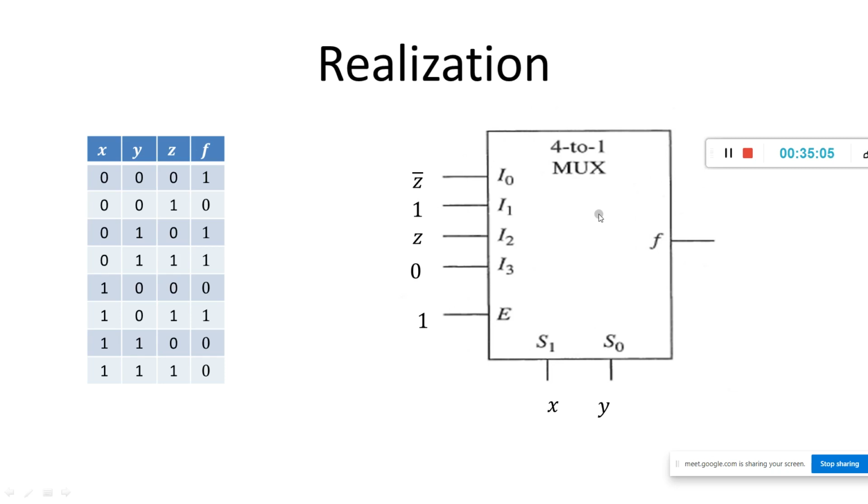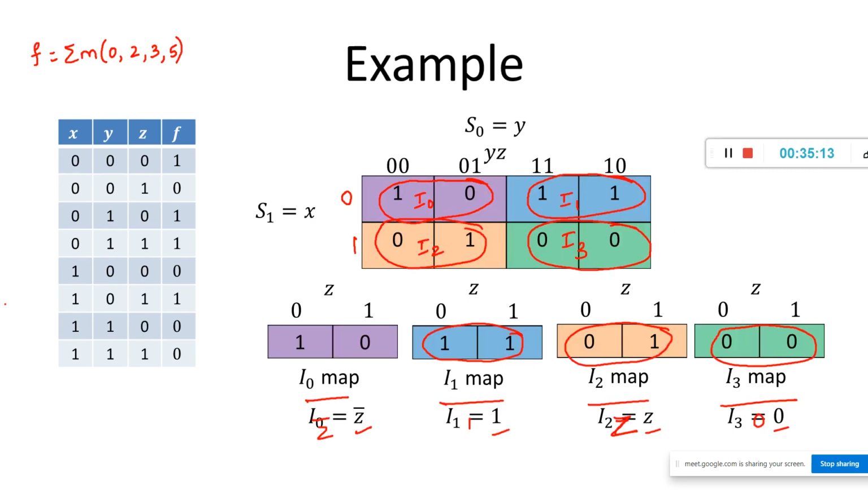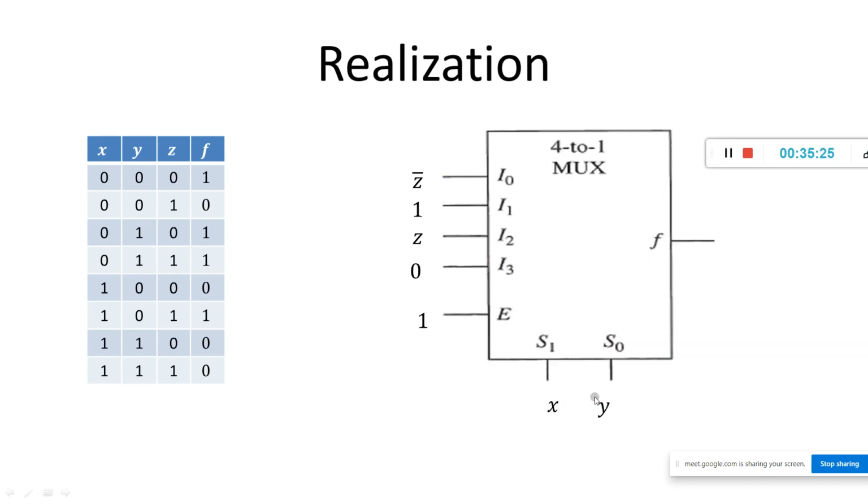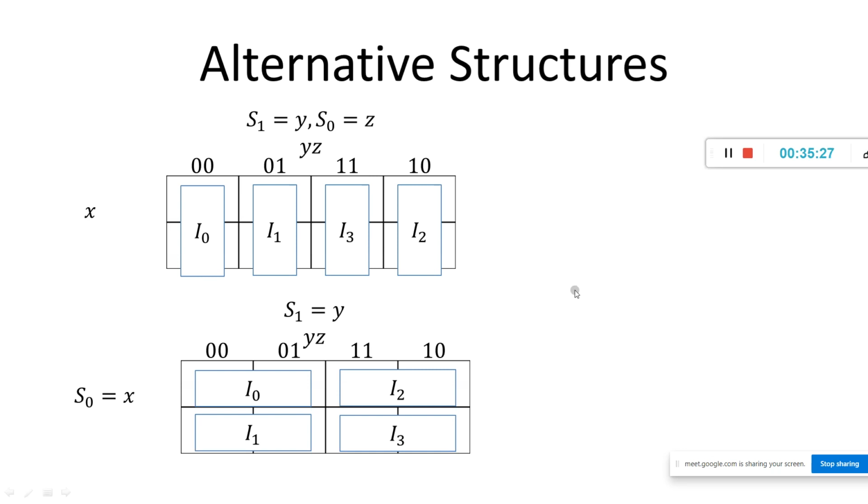A 3 variable function can be implemented using a 4:1 mux, by using multiplexer and K-map also. This is all we did with the I0 map, I1 map, I2, I3. Next, this is an alternative structure.